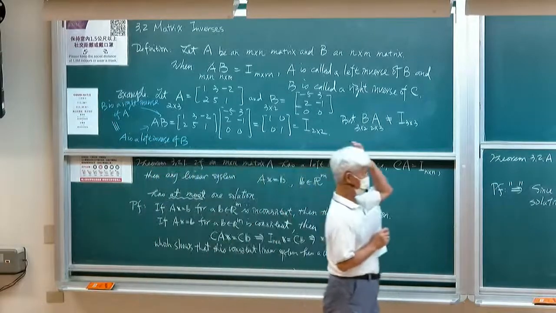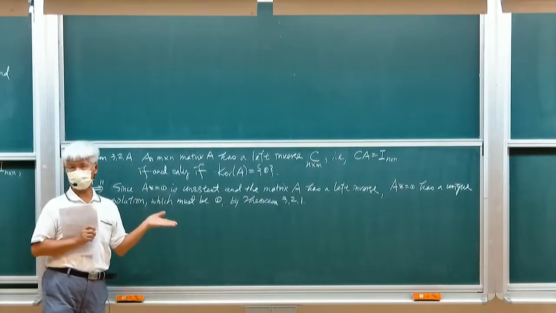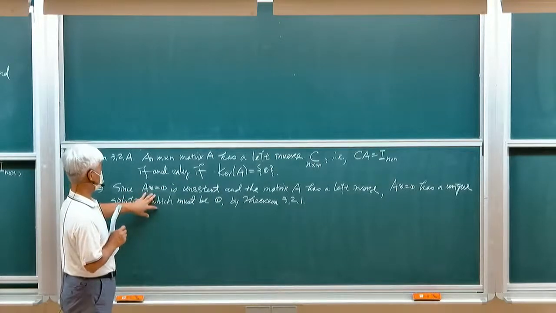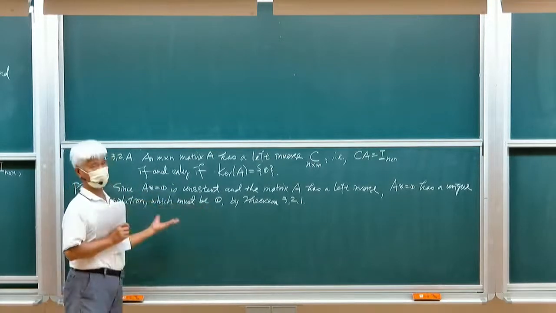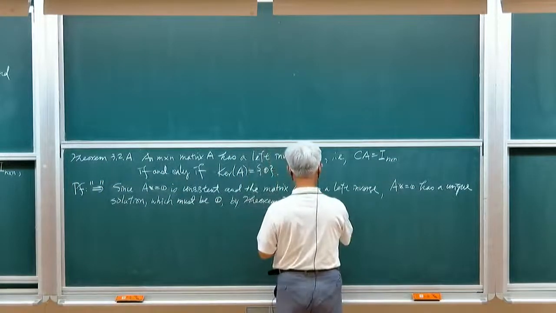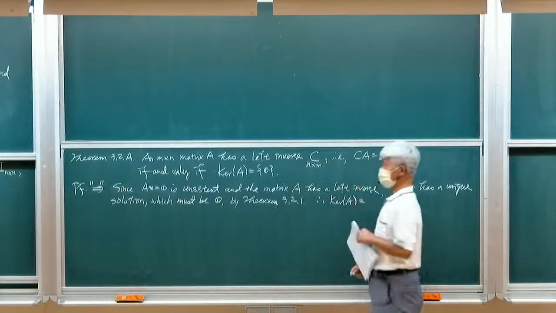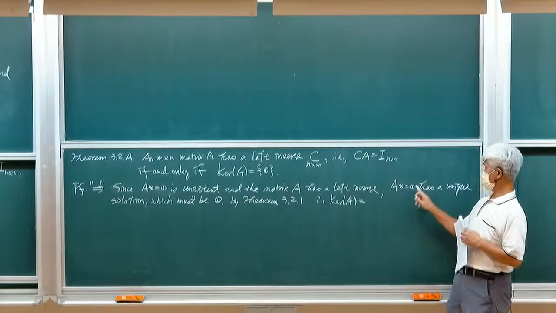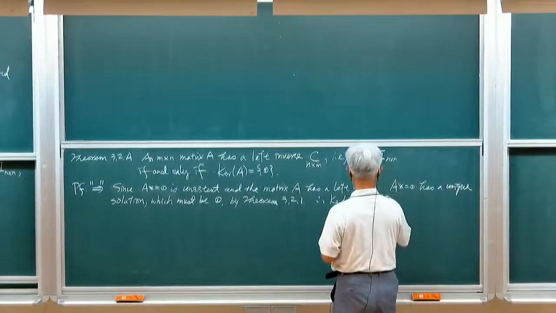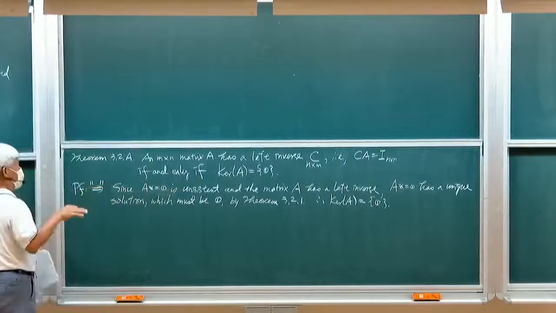But because this homogeneous linear system has at least one solution already, which is 0, this solution must be unique. So therefore, the kernel of A is just the set of all solutions for the homogeneous linear system. So the forward part is easy.